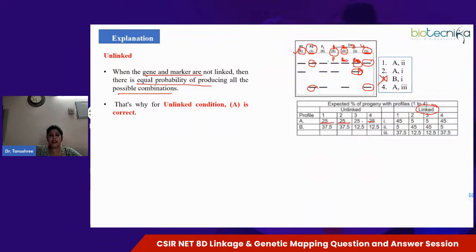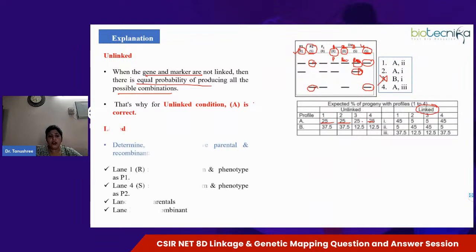This is not the profile that we are getting for parent 2. So this is what we have to identify first. Lane 1 shows the same band pattern as P1 and lane 4 the same as P2. So lanes 1 and 4 are parental, and lanes 2 and 3 are the recombinants, right?